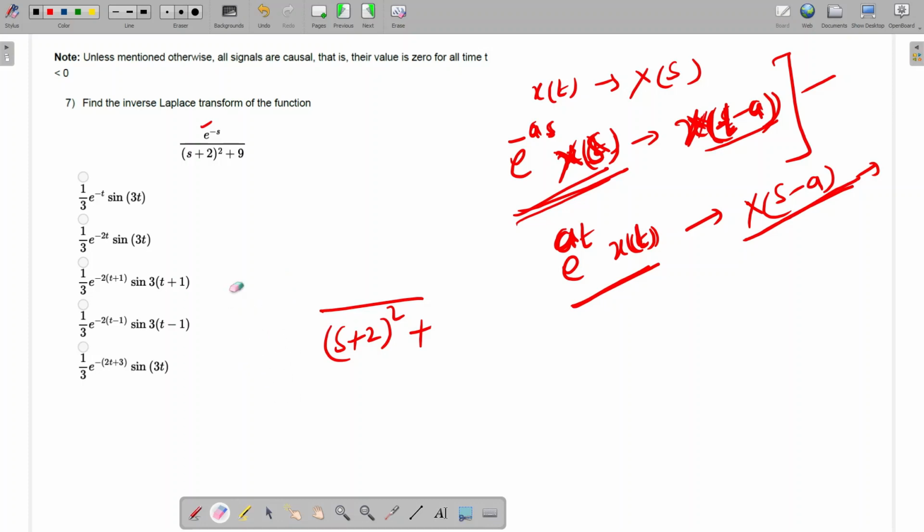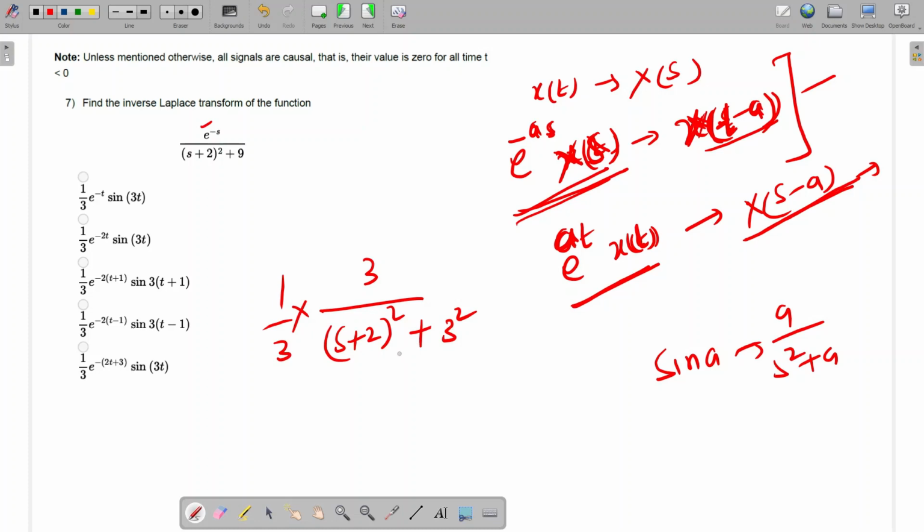If at the top we keep 3, then it is 3 divided by s square plus 3 square. So sine at has transform a by s square plus a square. So 3 into 1 by 3. Okay, now it is correct.